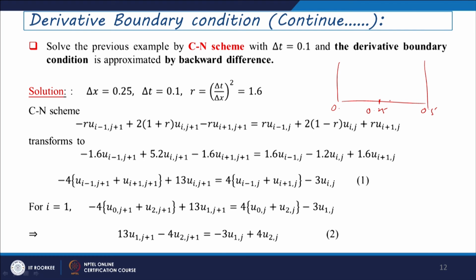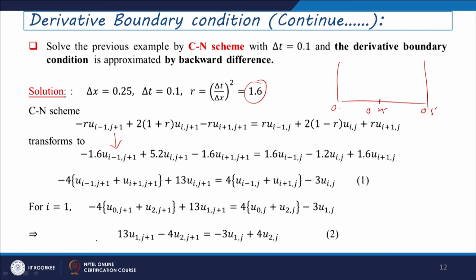We can write this formulation in terms of the Crank-Nicolson scheme as minus r u(i-1,j+1) + 2(1+r) u(i,j+1) minus r u(i+1,j+1) equals r u(i-1,j) + 2(1-r) u(i,j) + r u(i+1,j). And if we put the coefficient r here, which is 1.6, then we can write this formulation in this form.